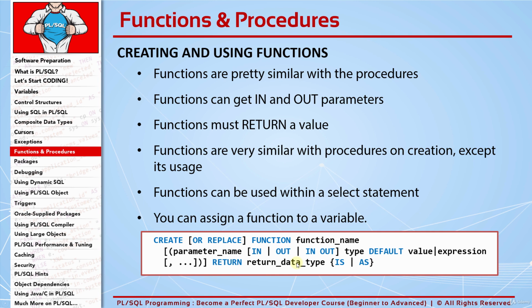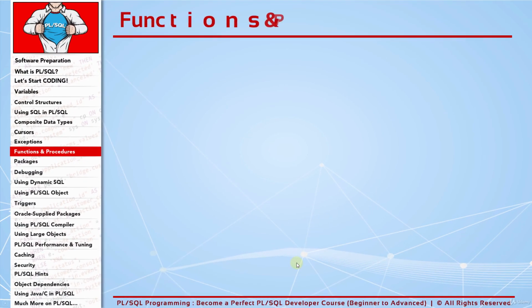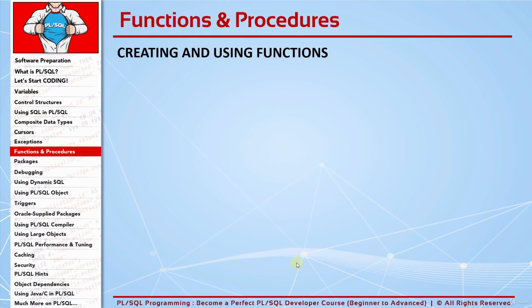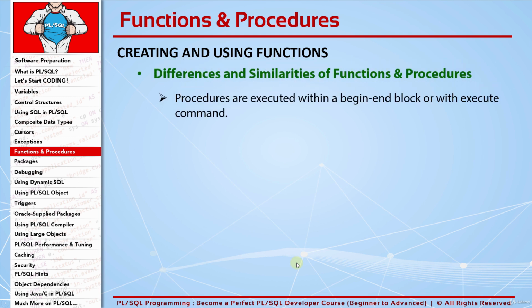Great, now let's do a quick recap about the differences and similarities between functions and procedures. Then we will make our examples. We execute procedures within a begin block or with the execute command, but it is used standalone. I mean, we cannot assign it to some variable or use it within an SQL query.